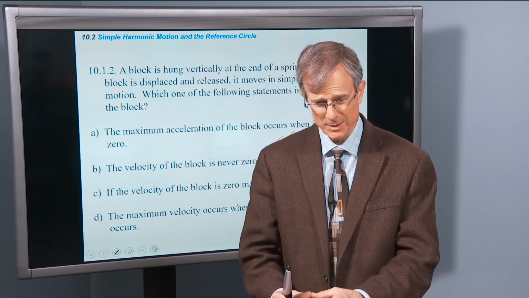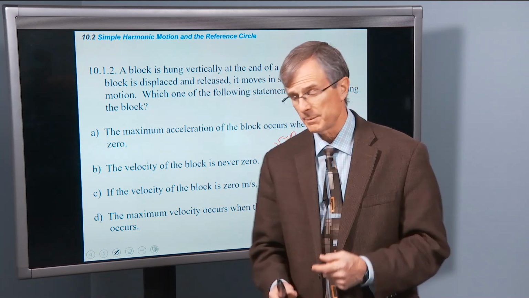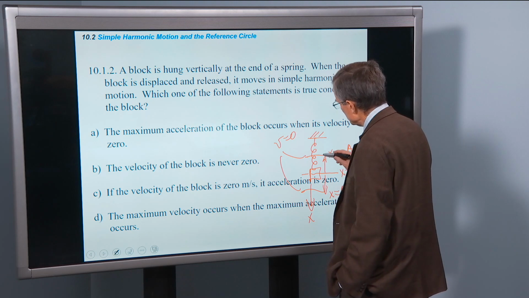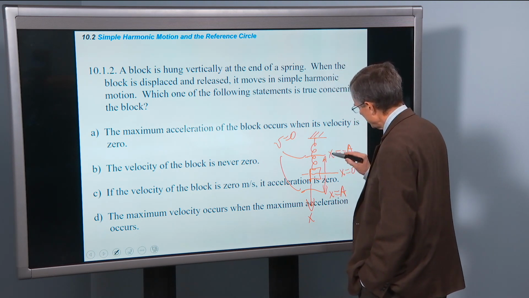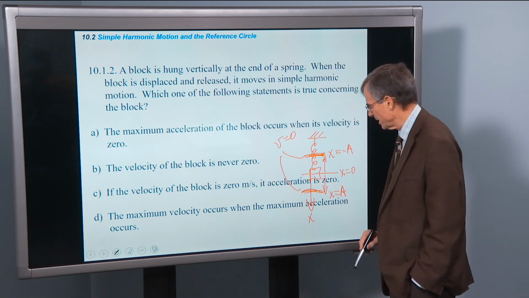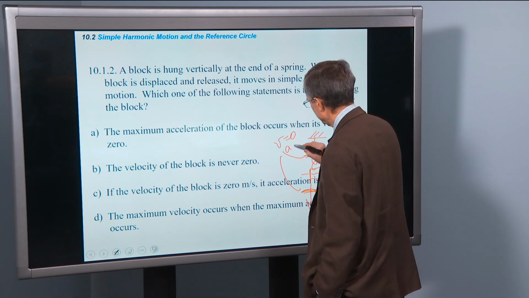And you might say, well, when it's stretching that spring a lot, it's going to experience a big force, and you'd be absolutely right. That's true, that these two positions here and here, at plus A and minus A, that's where the accelerations are going to be high.